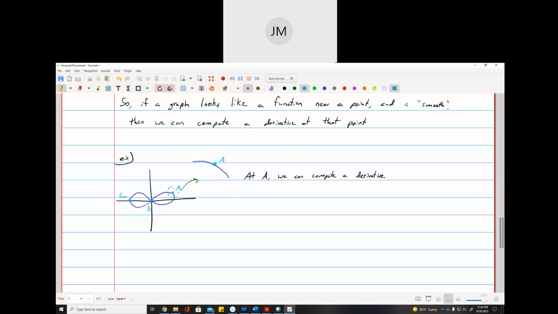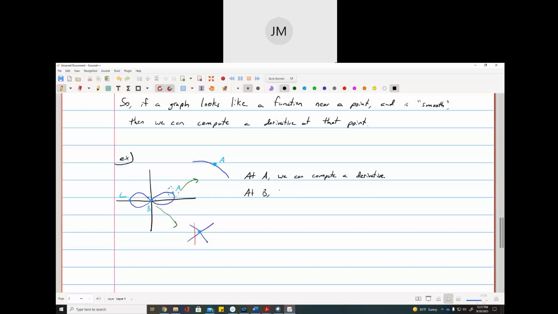If I zoom in to B, it doesn't matter how closely I zoom, that graph crosses over itself. So no matter how closely I zoom in to the point B, I'm always going to get a graph crossing over itself, which will fail the vertical line test.